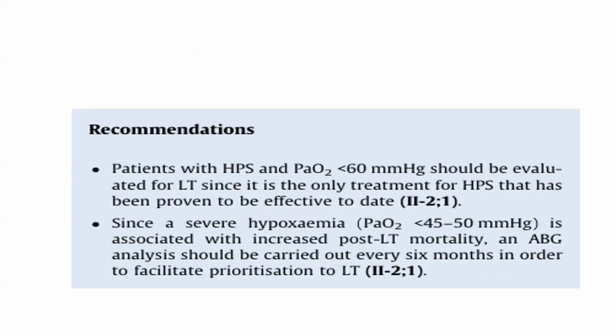Patients with hepatopulmonary syndrome and PaO2 of less than 60 mmHg should be evaluated for liver transplant, since it is the only treatment for HPS that has been proven to be effective to date. Since severe hypoxemia is associated with increased post-liver transplant mortality, an ABG analysis should be carried out every 6 months in order to facilitate prioritization for liver transplantation.